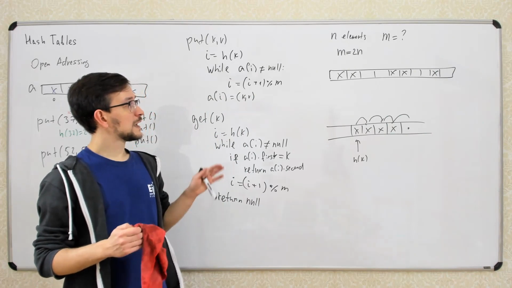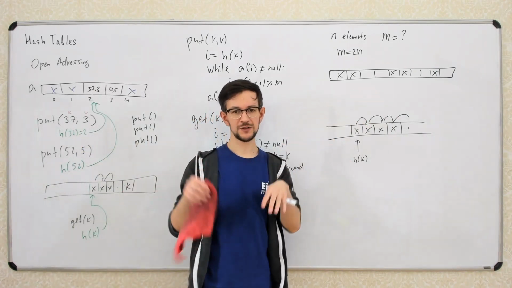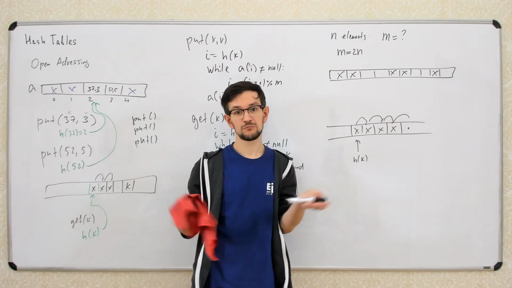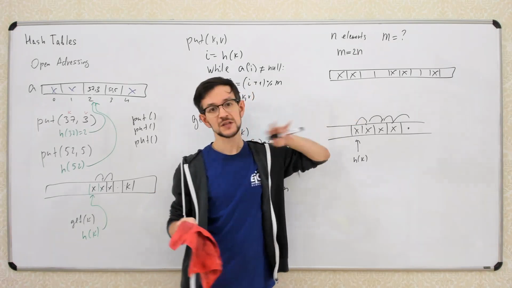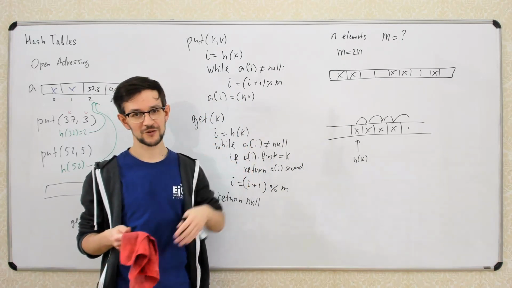Well, let's think. If all empty cells are somehow randomly distributed, so if you have some random function, it's almost true that these empty cells are evenly distributed among all the cells of the array.